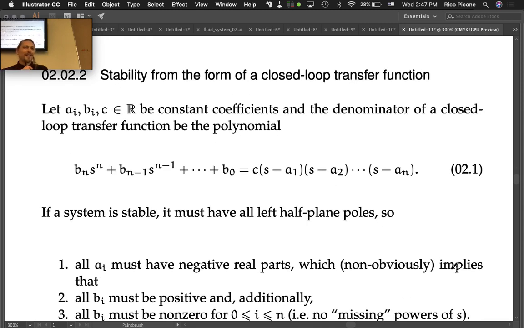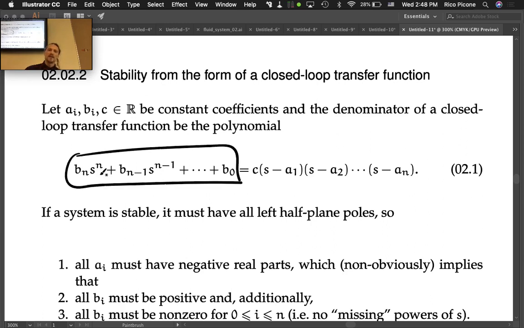So let's do that. You can represent the denominator of the closed loop transfer function in either the polynomial form that we are used to seeing, which is a descending order of exponent, or you can have this factored out version, which allows you to see that the poles are A1, A2, etc. We can say the following about these two representations.